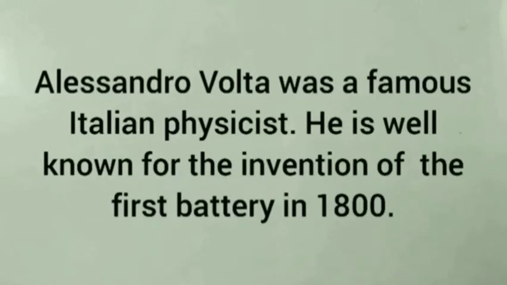So here you will get some informations that he was a famous Italian physicist, but he was the inventor of battery and it was invented in the year of 1800. So you can collect here the information of this year and his information. This is his work, activities. So you can collect these informations.